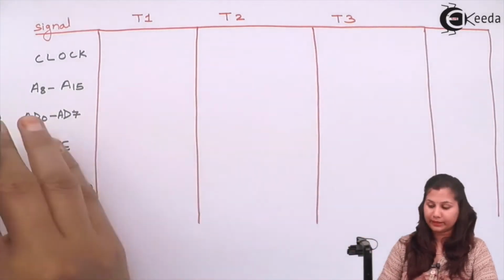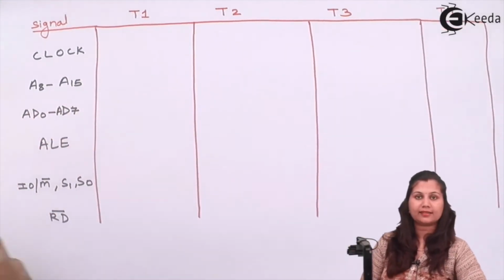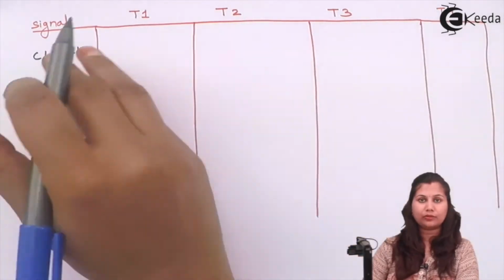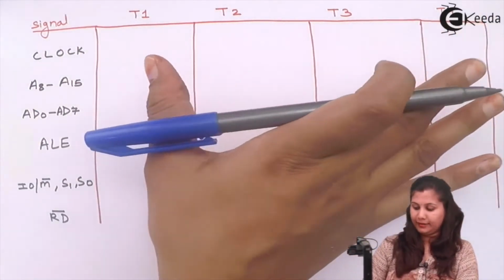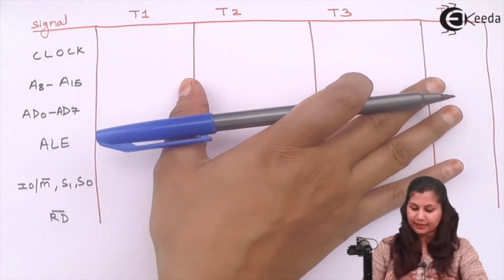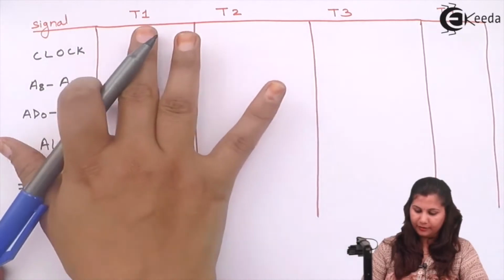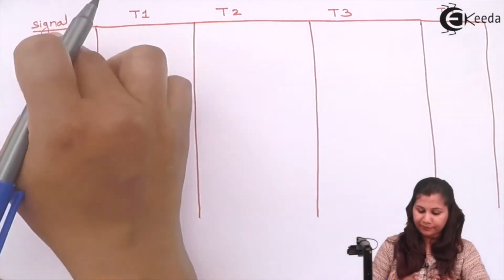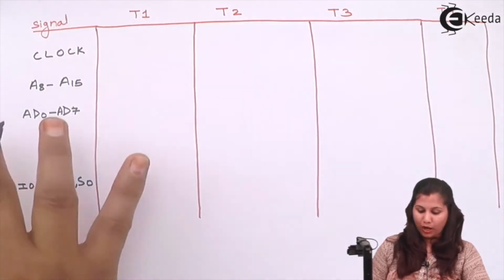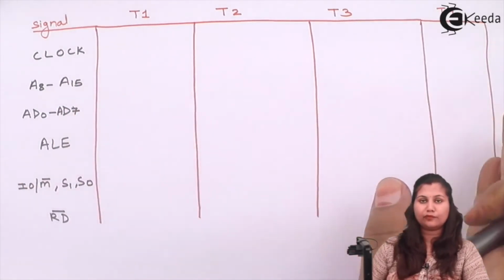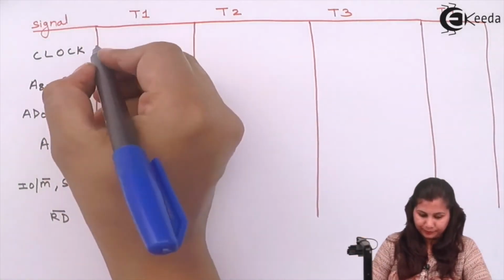Because a machine cycle consists of various T states, here T1, T2, T3 and T4 are the T states. The opcode fetch machine cycle consists of 4 to 6 T states. So here we are drawing 4 T states. These are the signals, and we see how the signals change during these 4 T states.